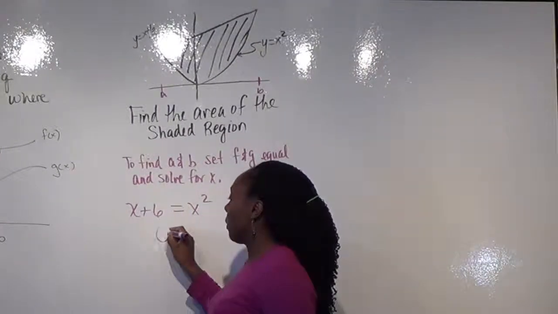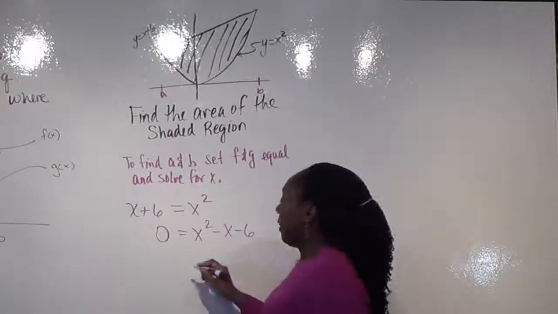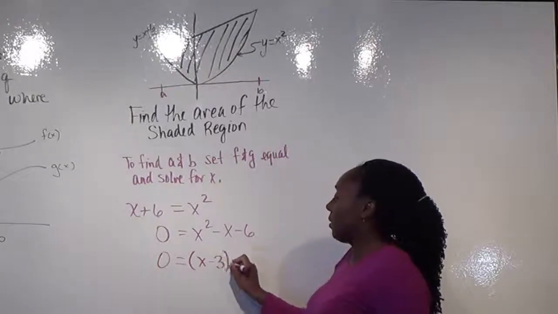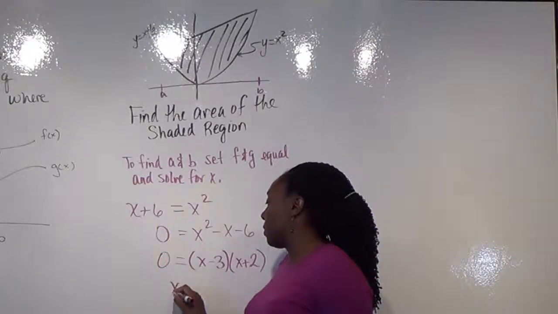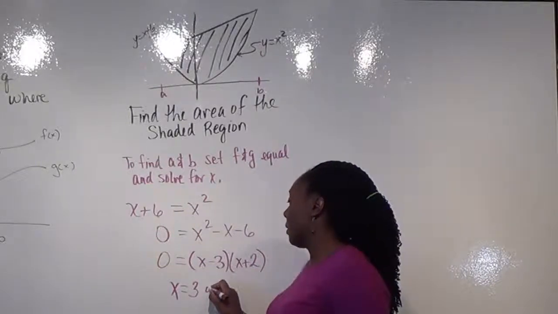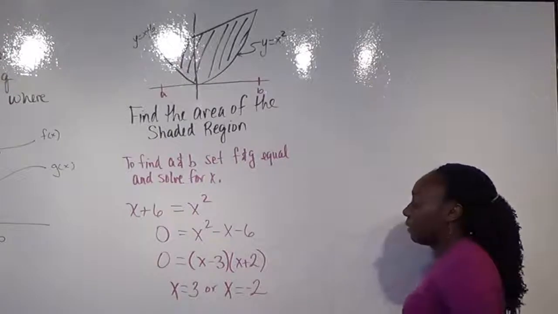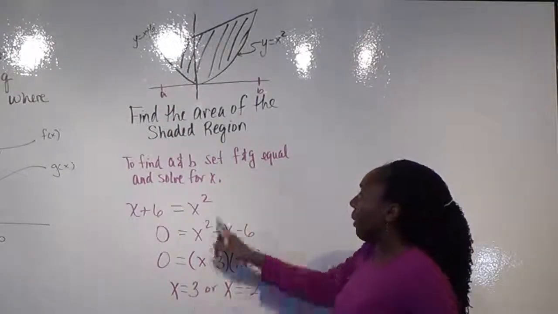Well, this is basically a quadratic, so I can move everything to one side. And we can see that this will factor. So x will equal 3, or x will equal negative 2. Okay? So there's my lower bound, my a, and my upper bound, b.